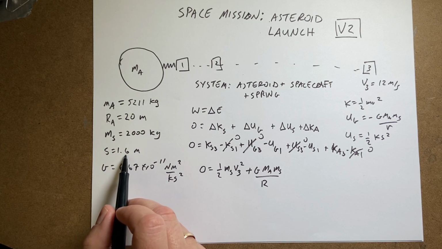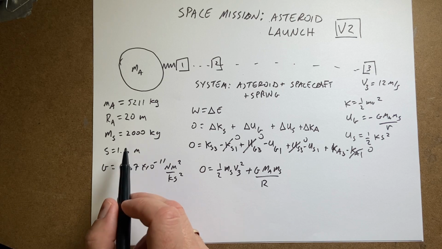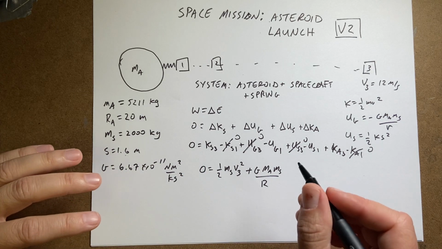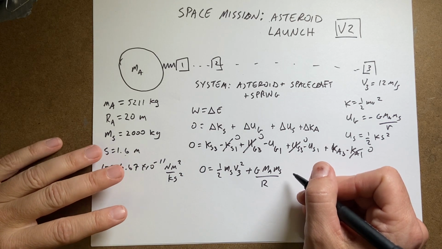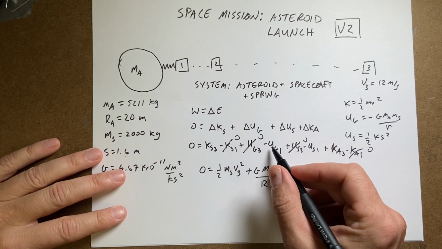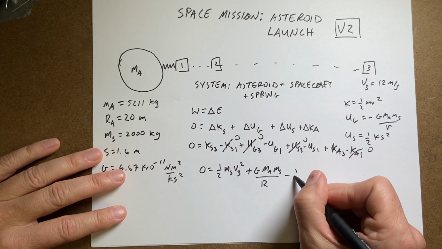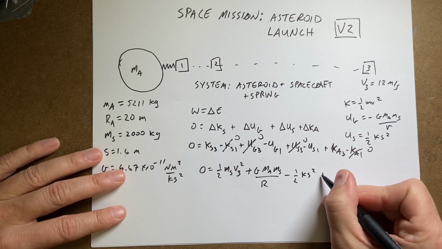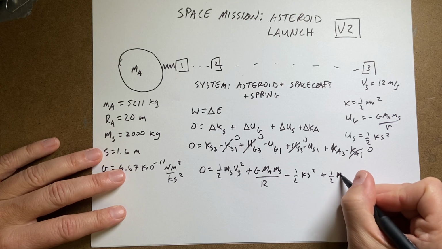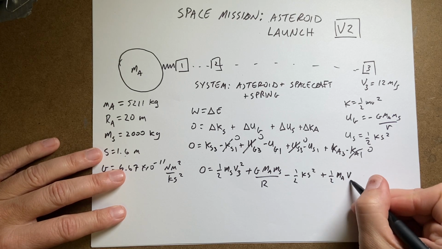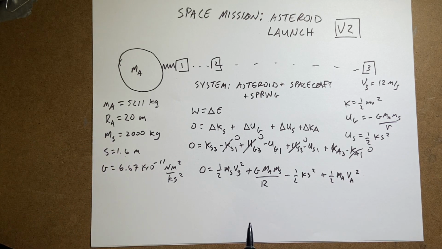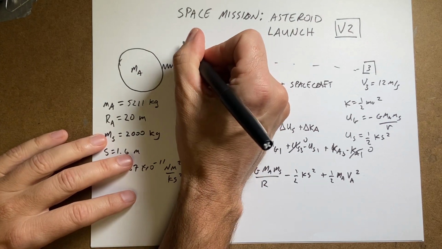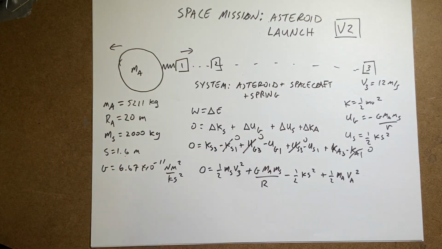No, it's compressed 1.6. Yeah, so that's the radius with compression. I know, it's a weird problem anyway. I can make up stuff. Then I have this minus 1/2 k s squared. And then finally, plus 1/2 m_a. I'm just going to call this v_a squared, where v_a is the final velocity of the asteroid.